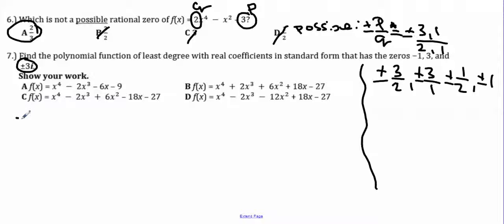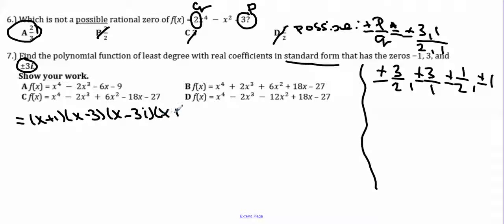So when I set this up in factored form, remember standard form means that we need to multiply it out. So in factored form, I would have x plus 1, x minus 3, and x minus 3i, and x plus 3i. So here are my conjugates, negative 3i and positive 3i.